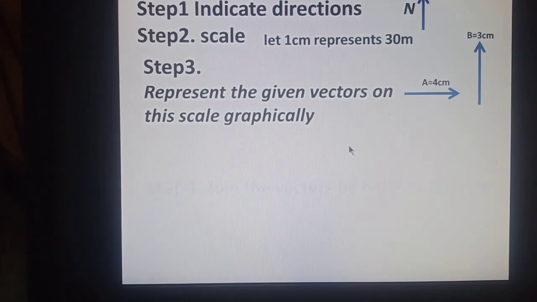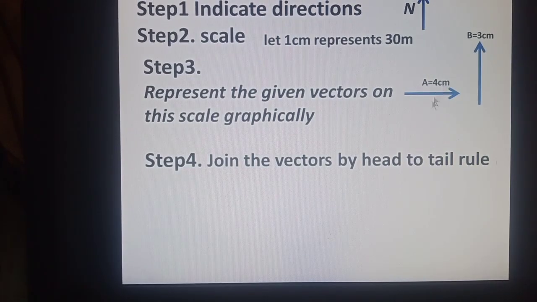What was the next step? These vectors, A and B, are two vectors representing the displacements. They are joined by the head to tail rule. Means where one vector ends, there the second starts. Students, you are free to select any vector as the first vector and any vector as the second vector.